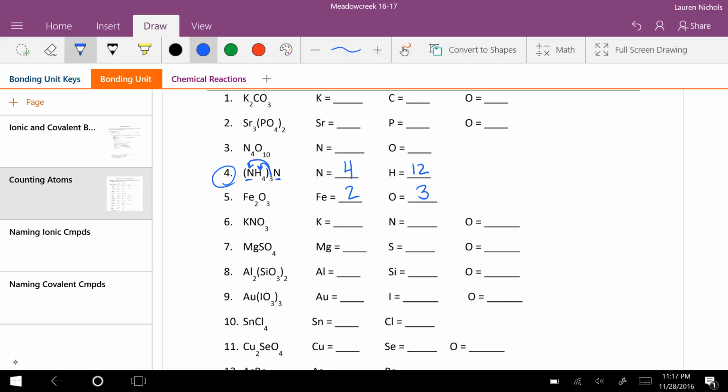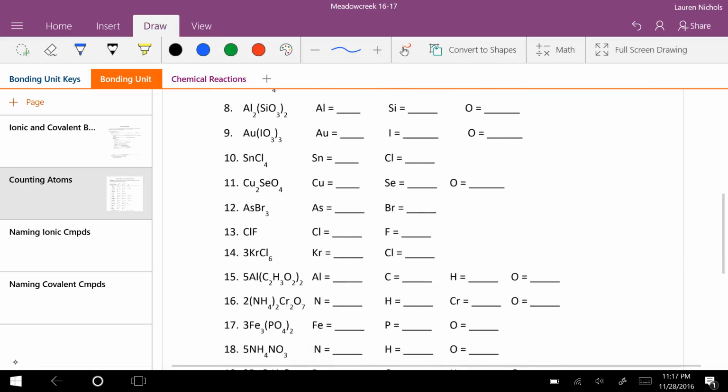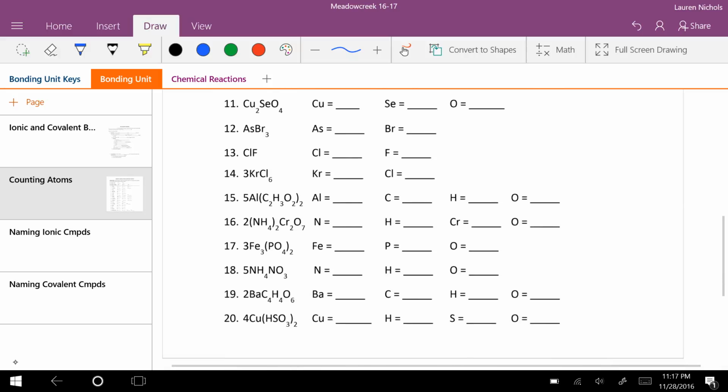But it does get trickier, okay? If we look at some of these down below, we'll begin to notice a number at the front of our compounds. Now, these numbers are called coefficients, okay? And what that means is instead of telling you how many atoms you have, it's telling you how many molecules or formula units you have.